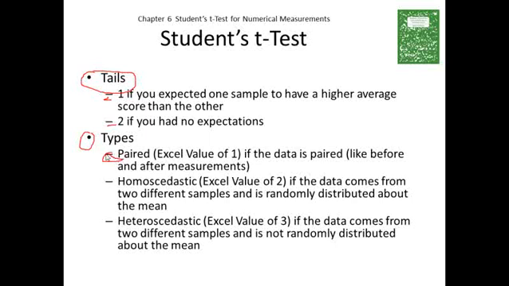Paired data is, well, the data has to be paired. It's like you took a measurement of a sample before you gave them an exposure to an advertisement, then you measured the same thing after they saw the advertisement, and you're looking for differences. Or it doesn't have to be the exact same person. Sometimes we'll have paired data where I'm looking at one group and the other group, but under different situations.